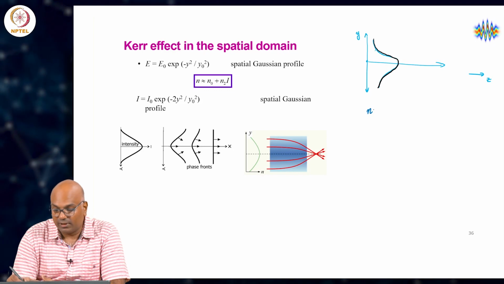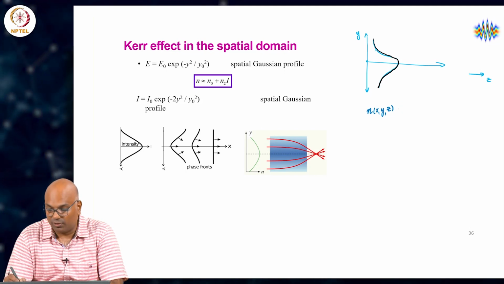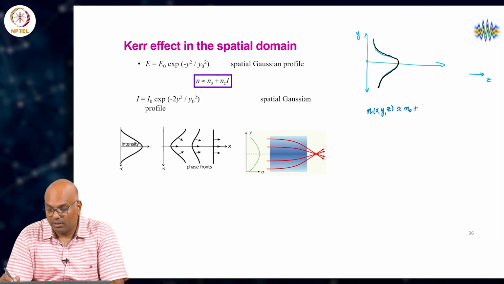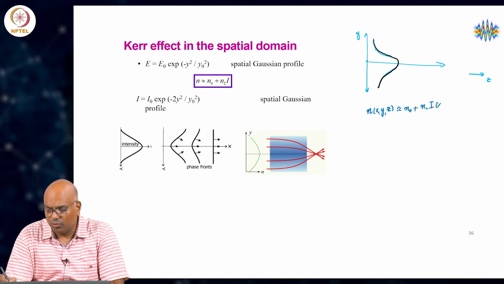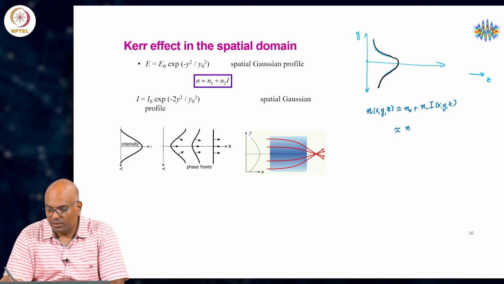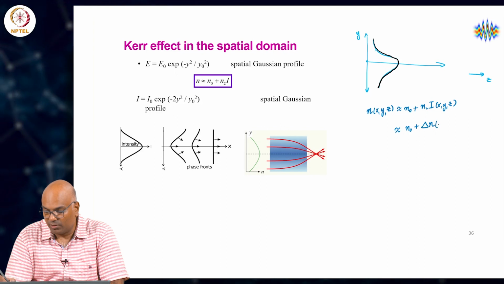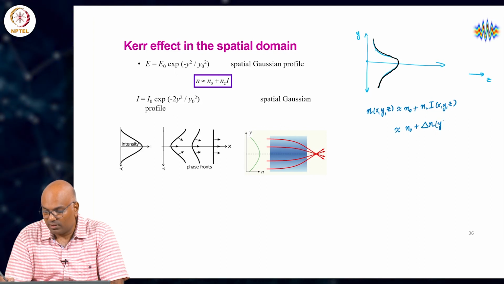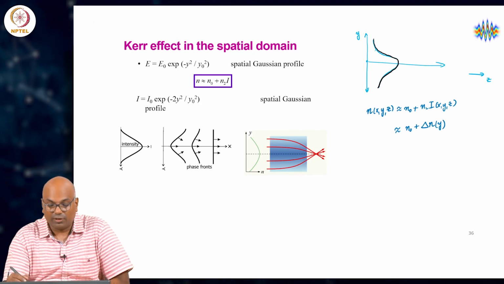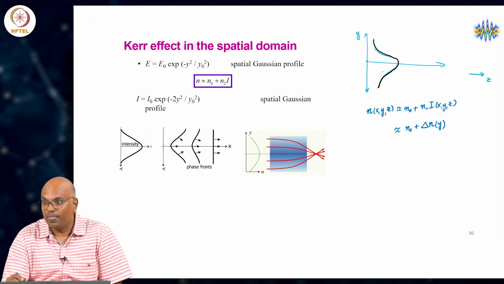Now, n, which is now a function of x, y, z, like it was earlier a function of t, is n naught, which is independent of any spatial coordinate, plus a delta n, which is a function of, in this case, just y, in this 1D scenario in which the intensity is varying only along the y direction.